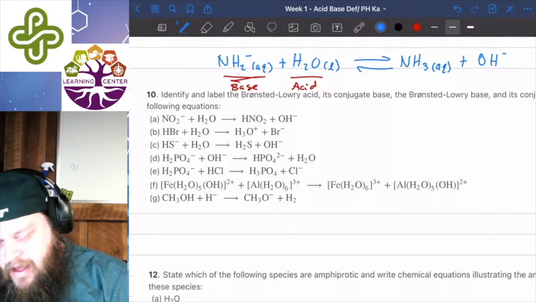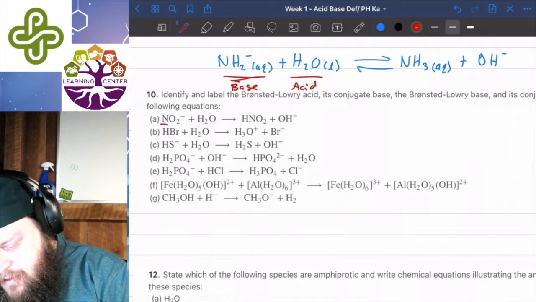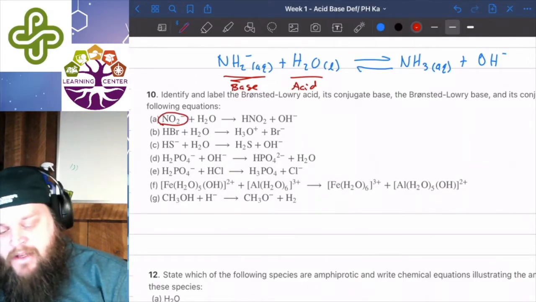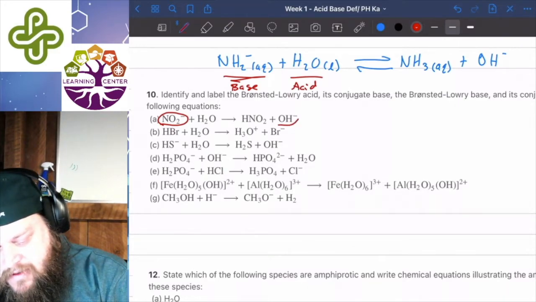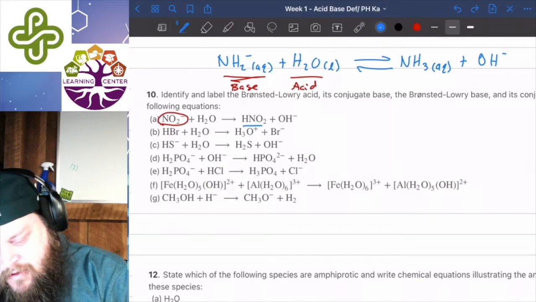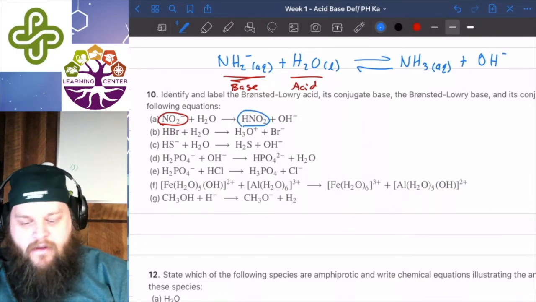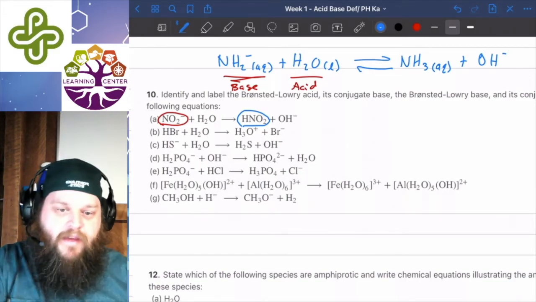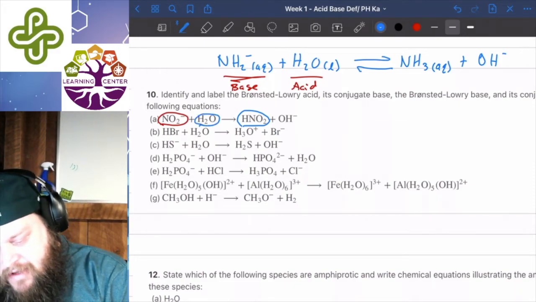For part A, we can see that this is going to be my base in this case. Anytime it's negatively charged as a reactant, it's most likely going to be your base. And then that makes this one your conjugate acid, because once it gained that hydrogen, it became the conjugate acid of that base. Similarly, water is acting as an acid here, so OH minus is the base.